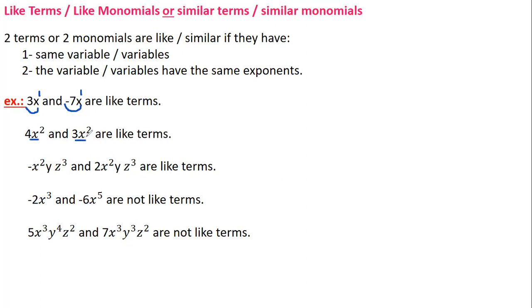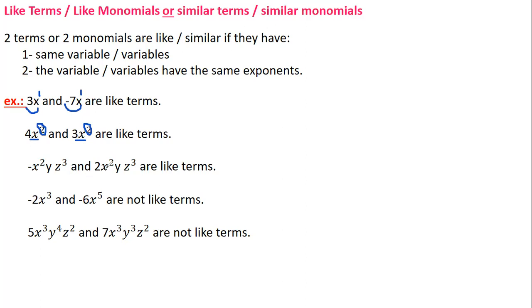So till now they have the same variables. Let me see the exponent of x in the first one. The exponent of x in the first one is 2. In the second one, the exponent of x is also 2. So since we have the same variable, the same exponent, these two, we call them like terms.